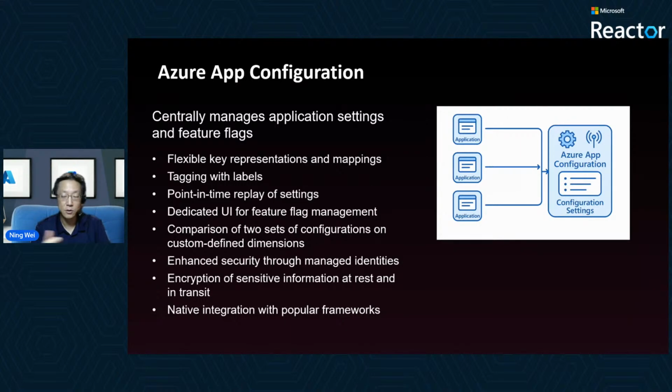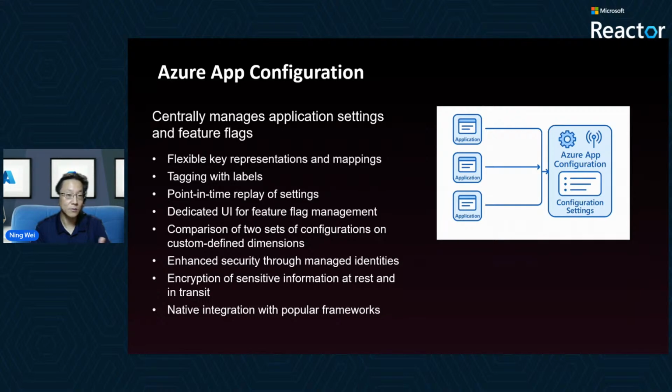So the whole idea, as you can see in this picture, is that all these different applications, when they start, connect to the Azure App Configuration to retrieve the configuration used by that particular application, right? You no longer need to store those settings on every single application, but rather you connect to a central storage, right? So that's what the App Configuration does in this case.